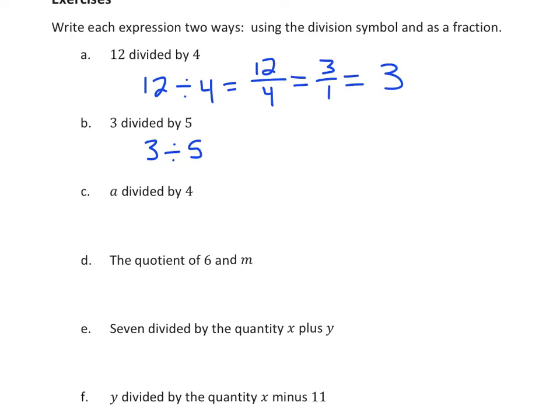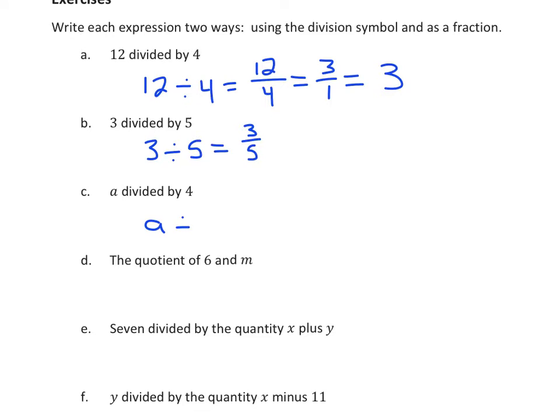Okay, so 12 divided by 4 is the same as 12 over 4, which I can easily solve as 3 over 1, which of course equals 3. 3 divided by 5 is going to be the same as 3 over 5, which of course is already in simplest terms.